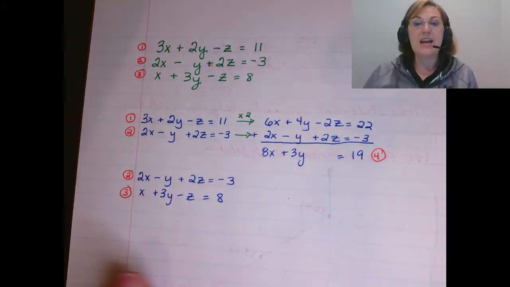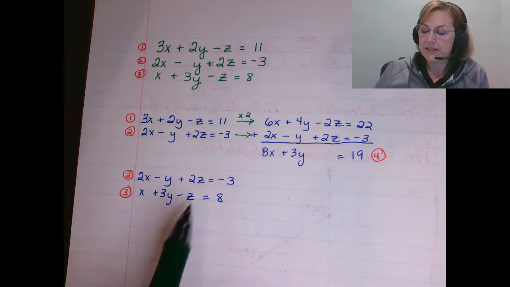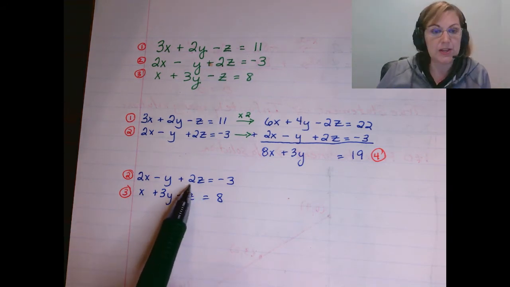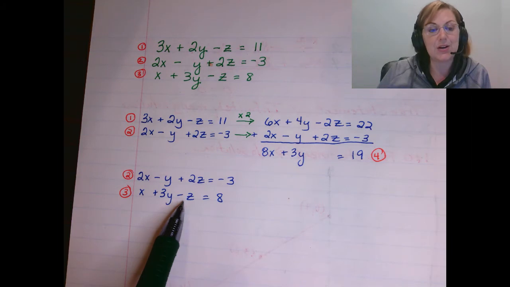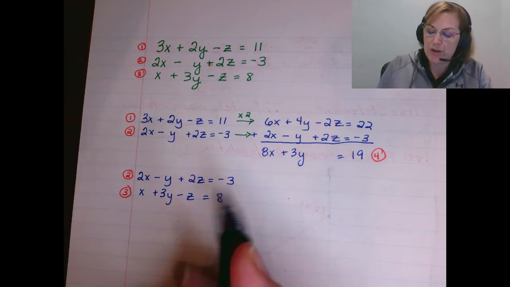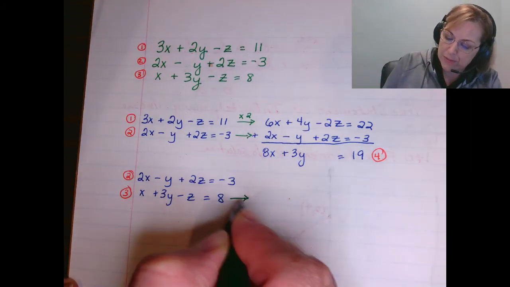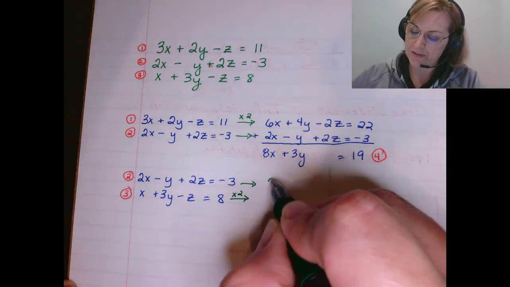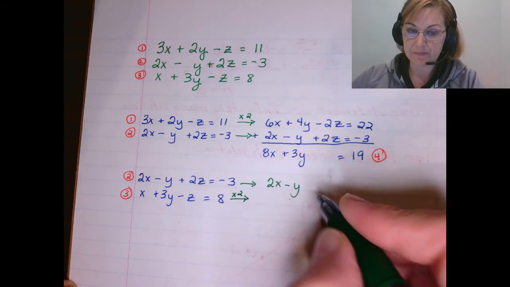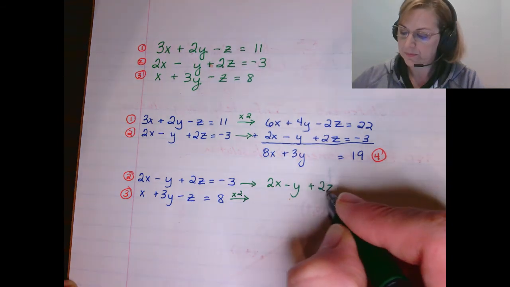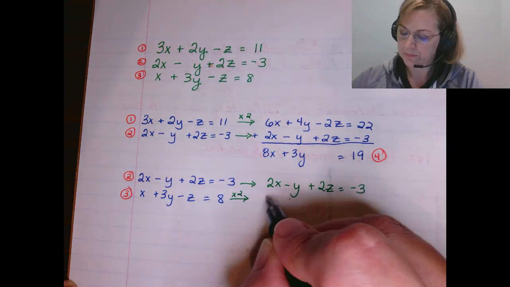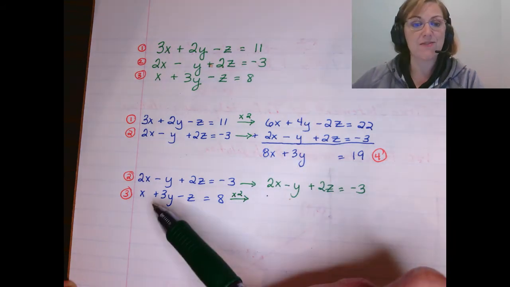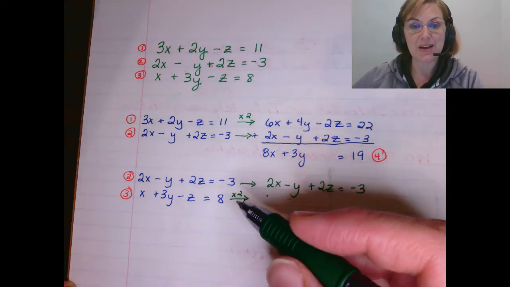All right, now in order to eliminate the z's, if there is a 2 here, I need a negative 2 here. So I'm going to multiply equation 3 by a positive 2. Equation 2, I'm going to leave just like it is. Equation 3, every term in here is going to be multiplied by a positive 2.